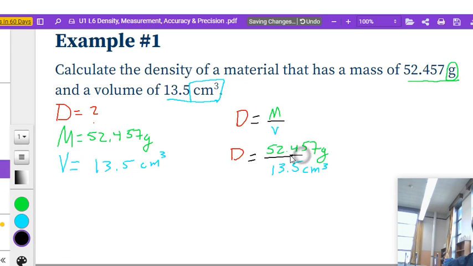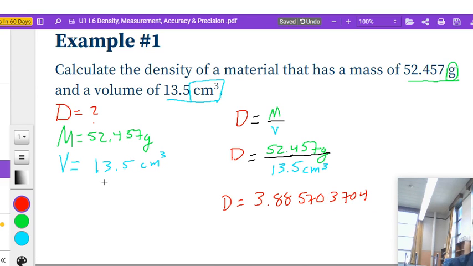And I'm going to extend this line. And then I'm going to plug that into my calculator. And when I plug that into my calculator, my calculator tells me that the density itself is going to be 3.88570 and 3704.